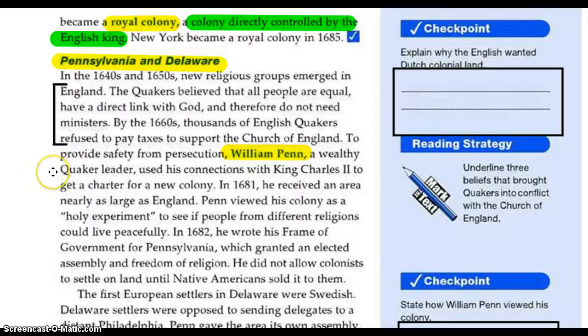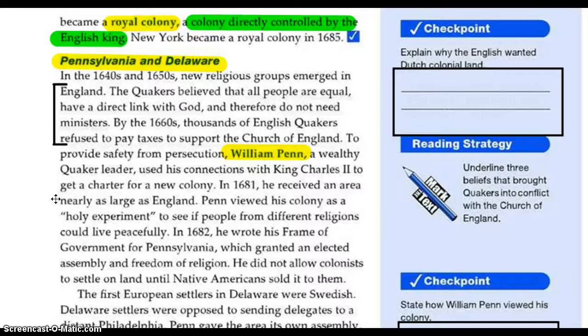In 1681, he received an area nearly as large as England. Penn viewed his colony as a holy experiment to see if people from different religions could live peacefully. In 1682, he wrote his frame of government for Pennsylvania, which granted an elected assembly and freedom of religion.